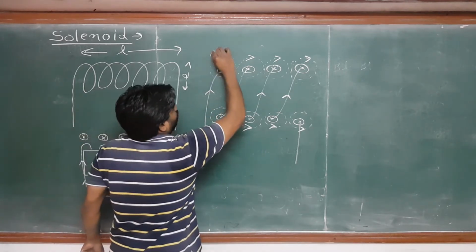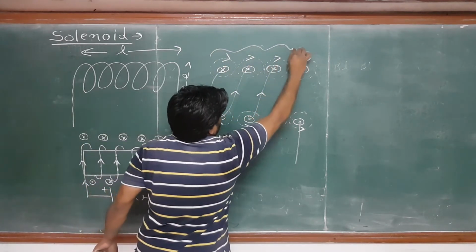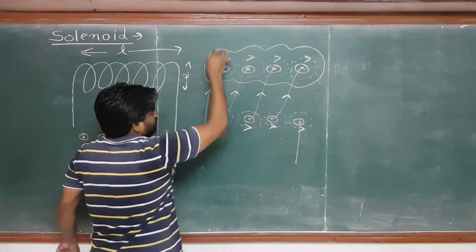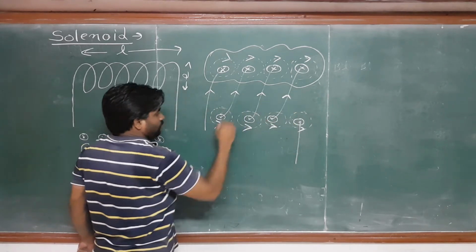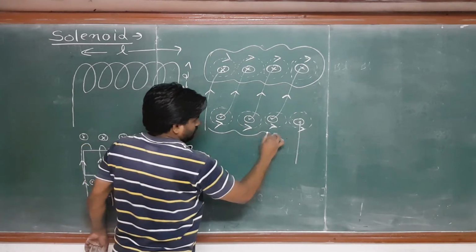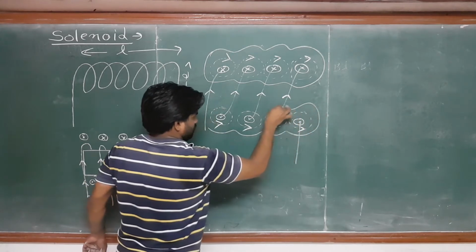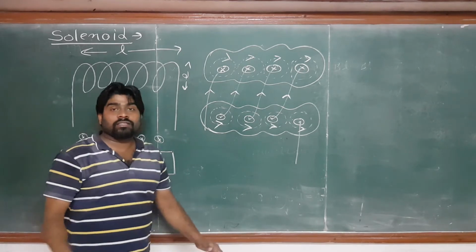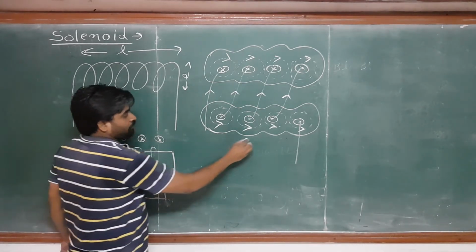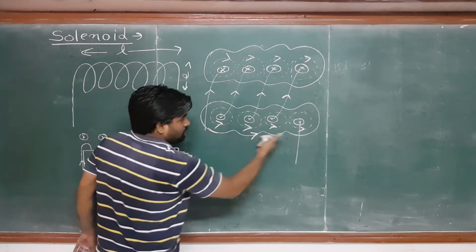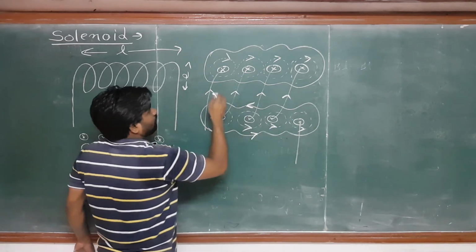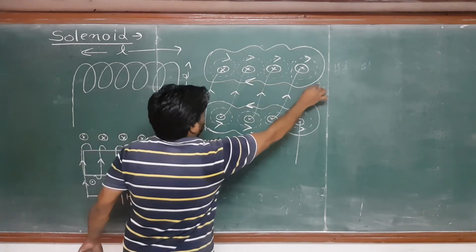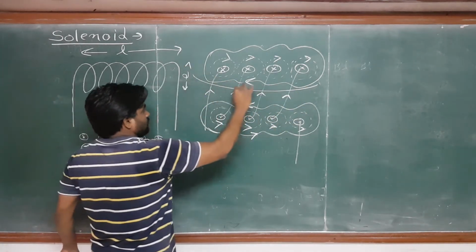So overall magnetic field line you can draw like this. And overall magnetic field due to this side you will draw like this. Because as we know, the magnetic field lines never intersect each other, so they repel in such a way. So this is called its direction going there. This is called its direction coming here.